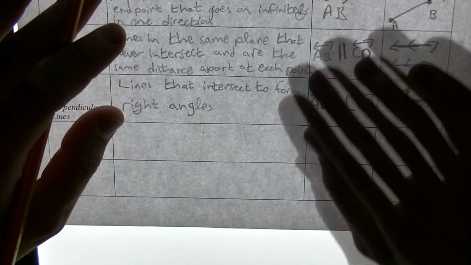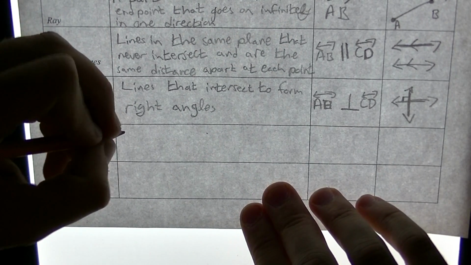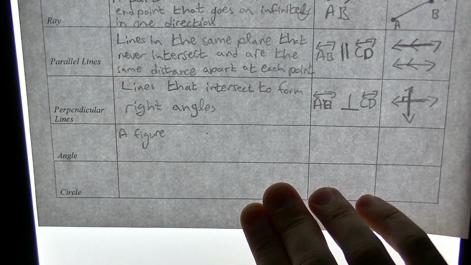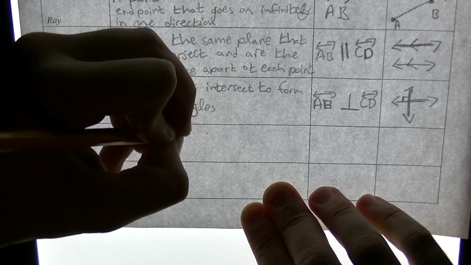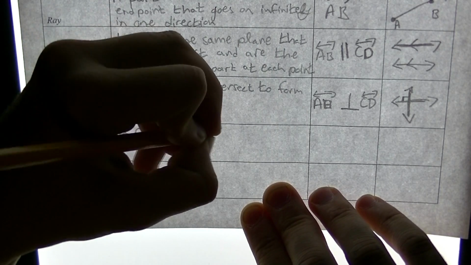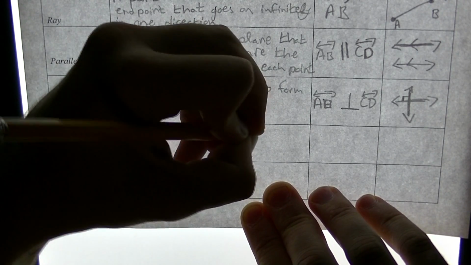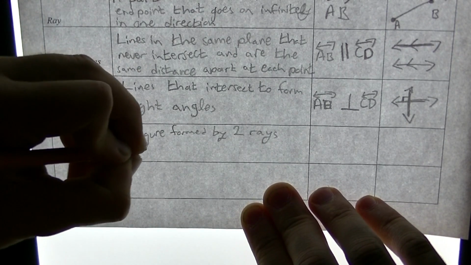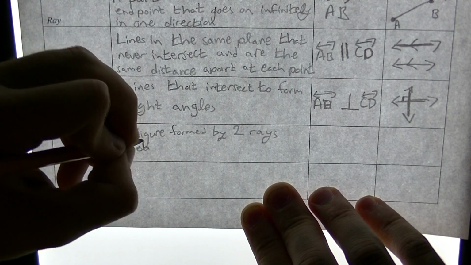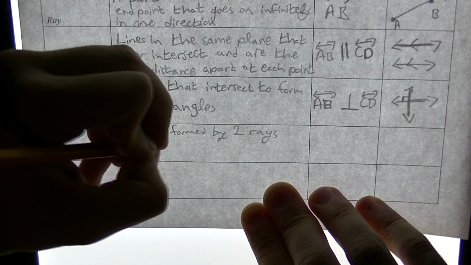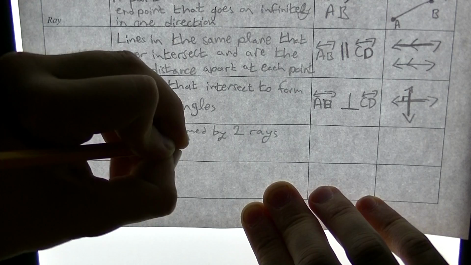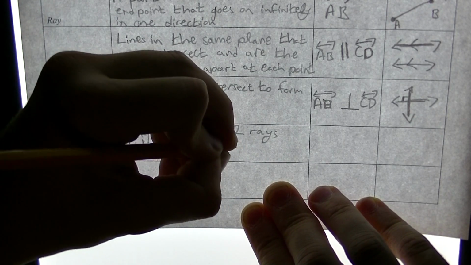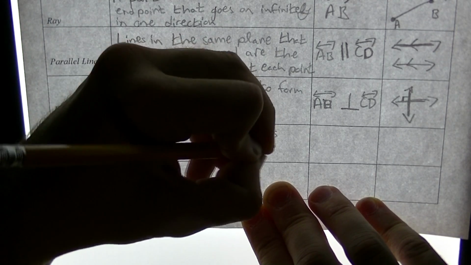Next, let's talk about what an angle is. An angle is a figure formed by two rays. And these two rays share the same vertex, or the same, sorry, endpoint.